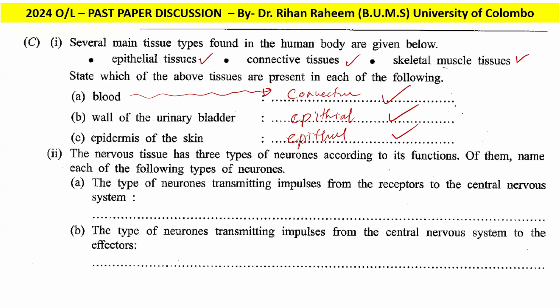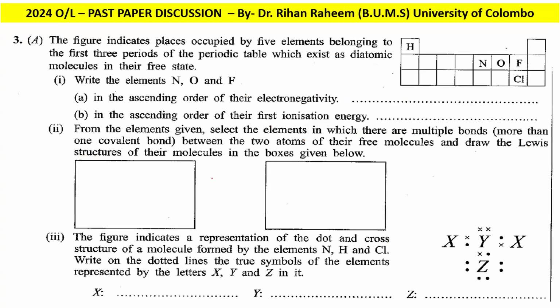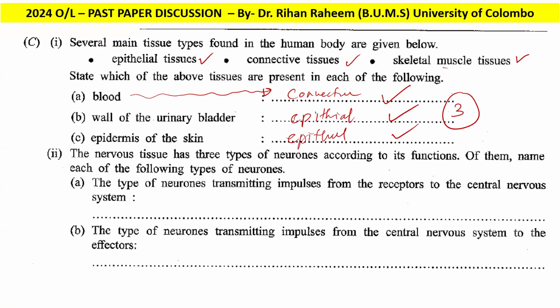So 3 marks for this. The nervous tissue has 3 types of neurons according to its function. Name each of the following types of neuron. You all know sensory neuron, interneuron, motor neuron, SIM. The type of neuron transmitting impulses from the receptor to the central nervous system.